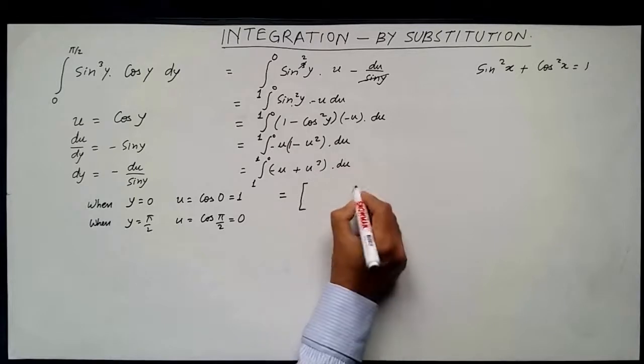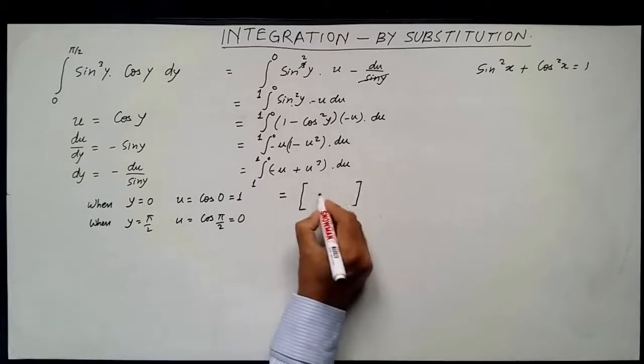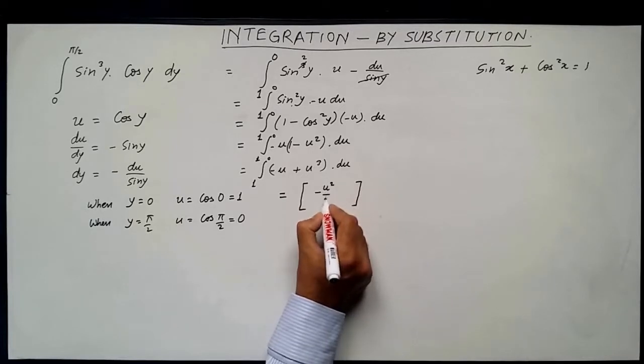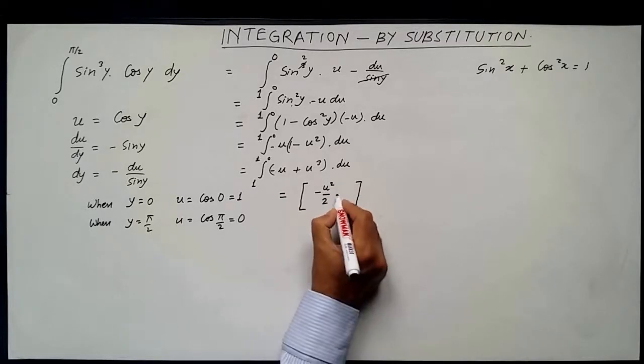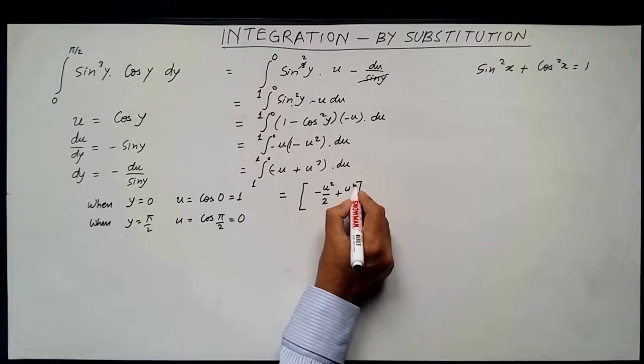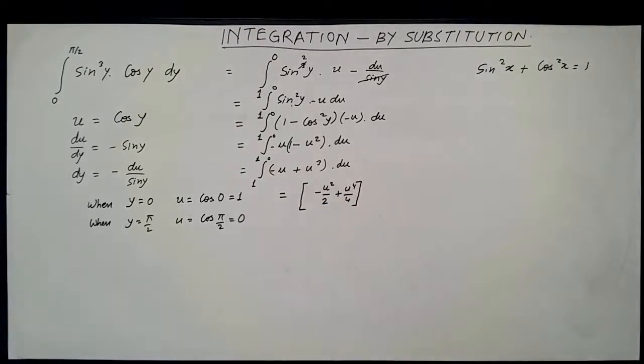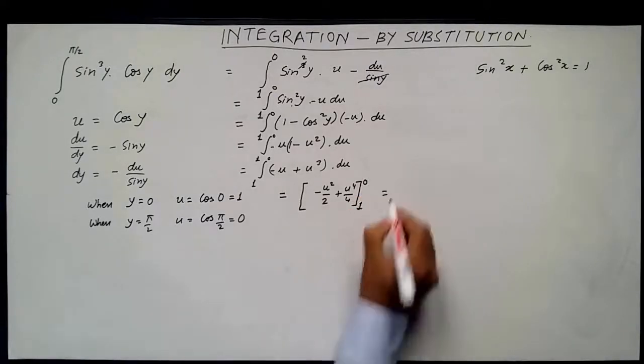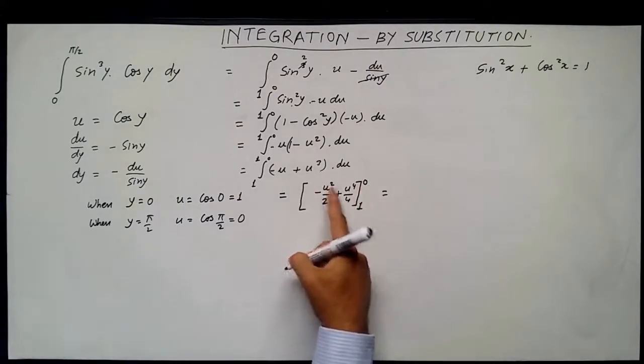So, as we had done previously, integration of minus u is minus u squared by 2, and integration of u cubed is u to the 4 by 4, between the limits of 0 and 1. So when u is 0, this is 0, this is 0.